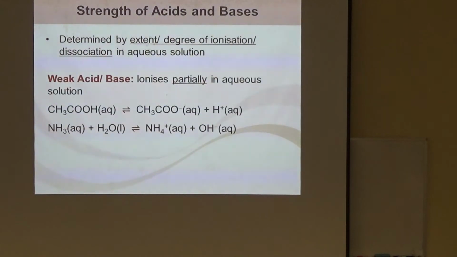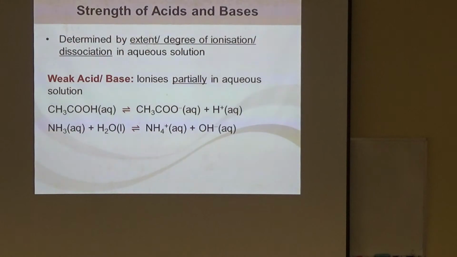Now whether something is a strong acid or strong base is determined by the extent or degree of ionization in an aqueous solution. So, if it's a weak acid or base, the ionization is partial. It's partially ionized in aqueous solution. So, for example, ethanoic acid, which is the acid that you find in vinegar.